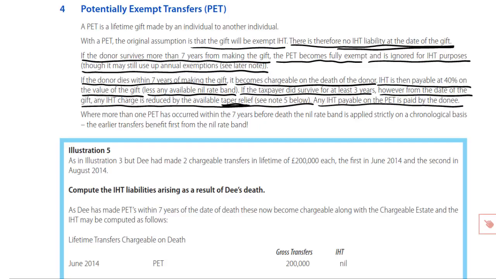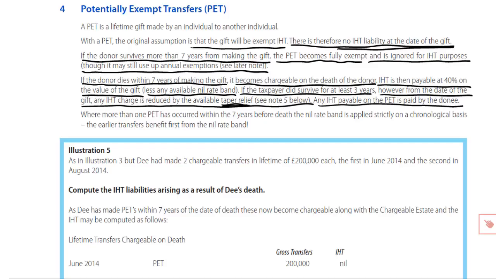Now, when we look therefore at these PETs and the relevant date of the death of the taxpayer, we're interested now in 2 periods of time. For the PET to be chargeable, it must fall within the 7 years before the date of death. If it is more than 7 years from the date of death, what was potentially exempt when made has become exempt, and that's it. If we died within 7 years of making the PET, then it will become chargeable on death.